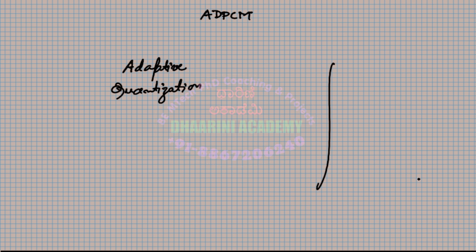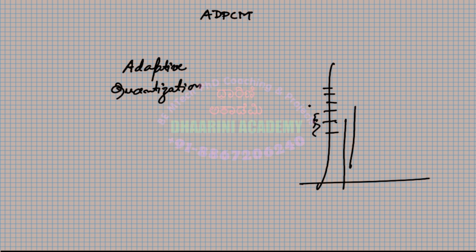The first step is called the adaptive quantization. We know that we have quantization, but we are going to use the adaptive quantization. In the DPCM, if you remember, something like this I had drawn, you split this only for the error required, correct? Whatever is the error required, you will try to split that.